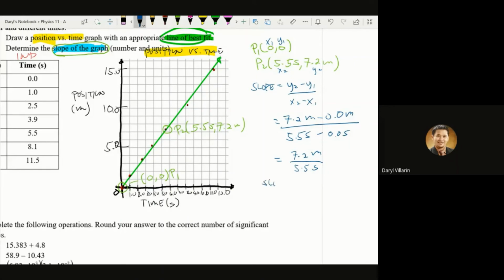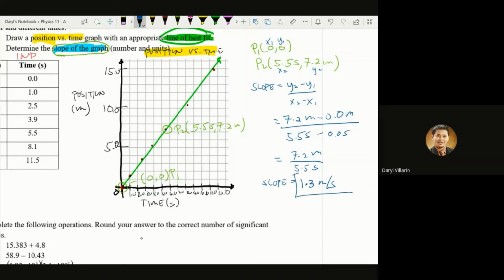So for the slope, that should give me 7.2 divided by 5.5. It's 1.309. But if you can see here, both have two significant digits, so the final answer has two significant digits.